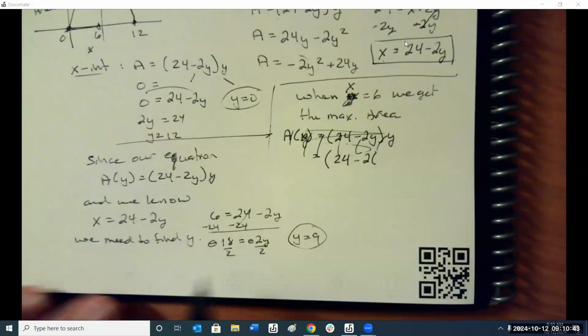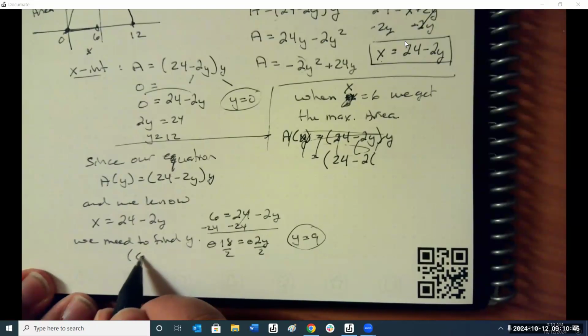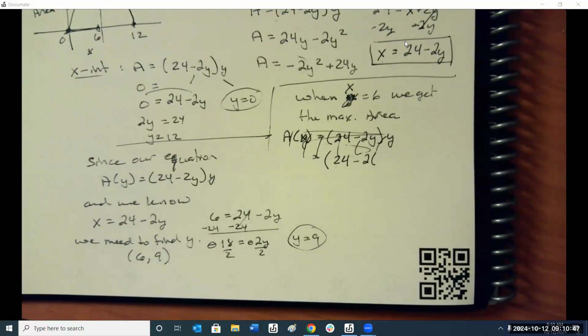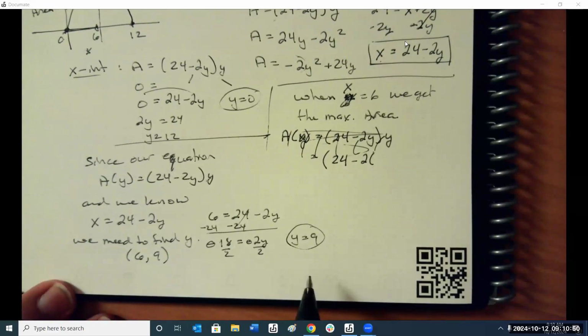So the dimensions of our pond will be 6 by 9: 6 feet wide, 9 feet deep.